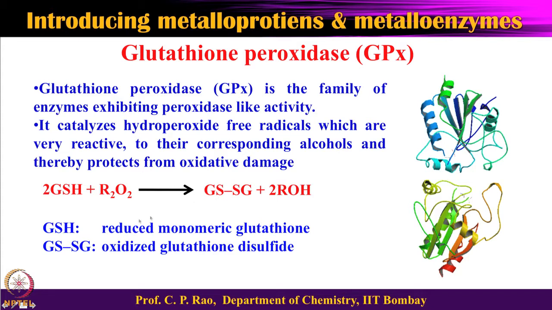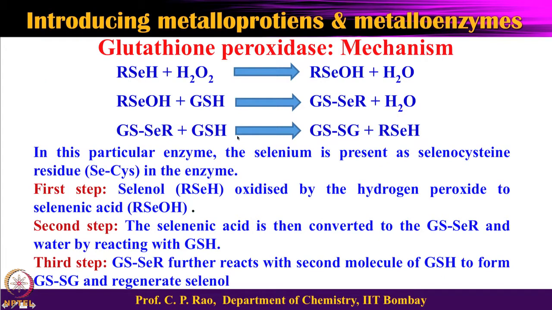GSH is the reduced form of glutathione as a monomer. GSSG is the oxidized form, glutathione disulfide, which is a kind of dimer, but not a simple dimer; it forms a bond between the two sulfur centers and the protons are lost.